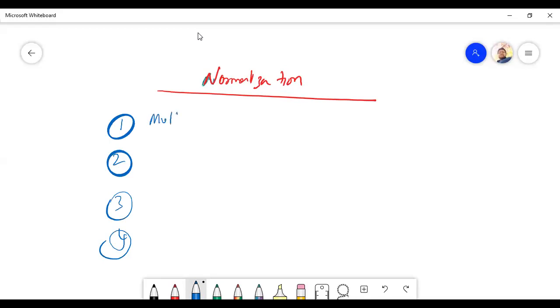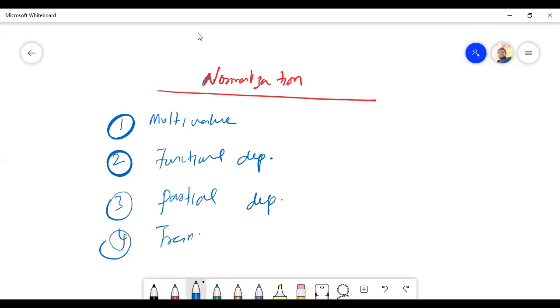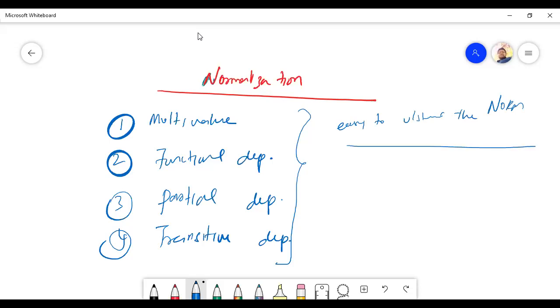One is multi-value. Second one, functional dependency. Third one, partial dependency. Fourth one, transitive dependency. Right. If you can understand all four things, it will be very easy to understand normalization. So one by one we will go.